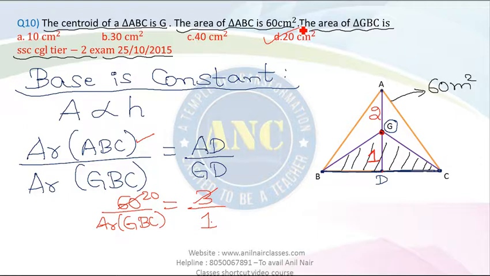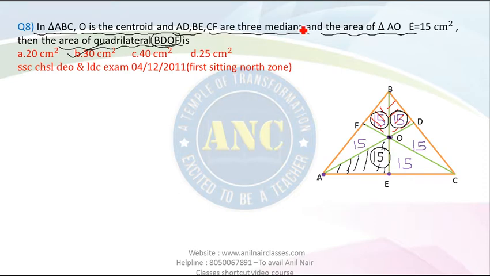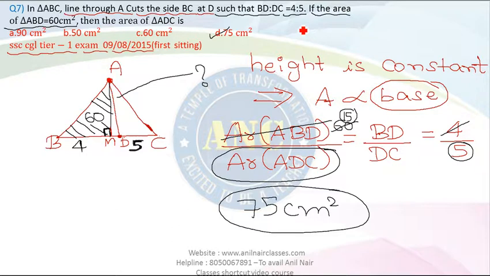How can the base be constant? Triangle ABC's base is BC. Triangle GBC's base is also BC. Both the triangles are sharing the same base. This shows the base is constant. Similarly, if I take question number 6 or 7, the height of triangle ABD is AM.